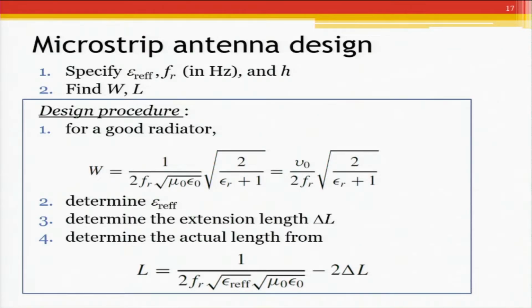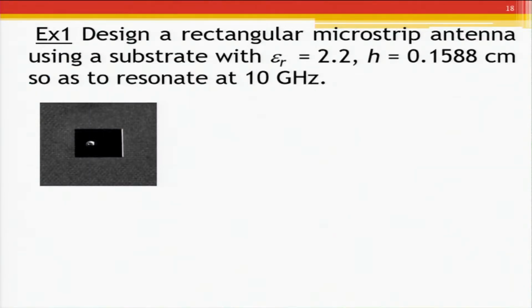So let's go to example 1, and we will design this rectangular microstrip antenna together. In this design, we have the substrate with epsilon R of 2.2, H is 0.1588 centimeters, and it operates at 10 gigahertz.